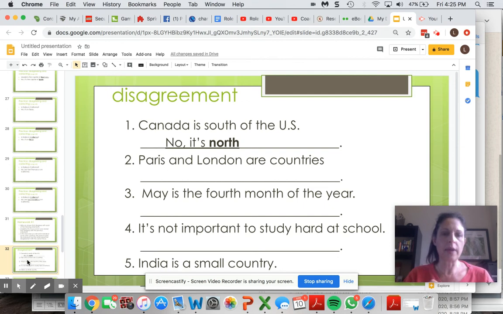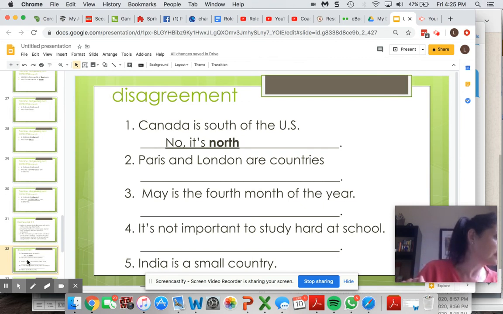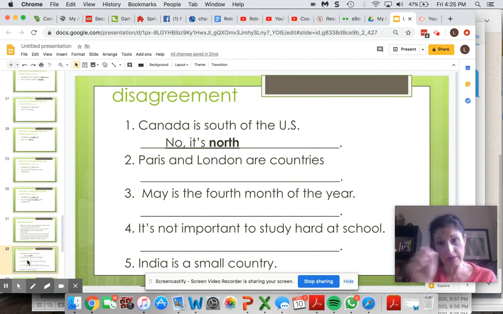So here are your 5 sentences. The first one is Canada is south of the US. Canada is south of, is it US or United States? Let me see how they wrote it out. They wrote US. Canada is south of the US. Possible answer is no, it's north. So in that case, north is my focus. So I'm going to highlight that one.